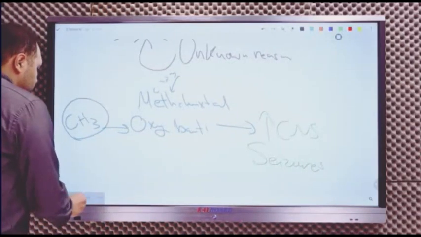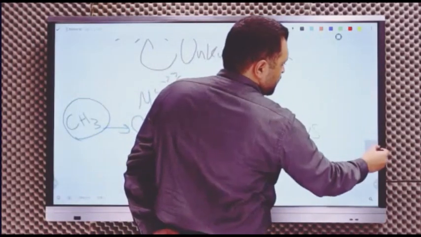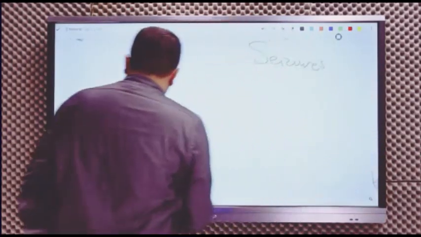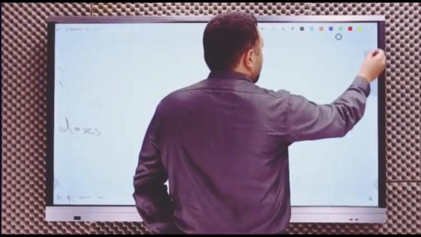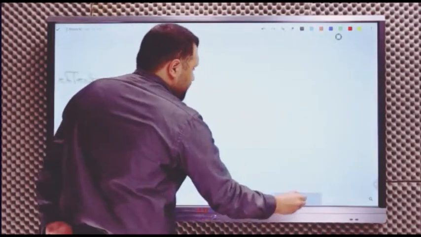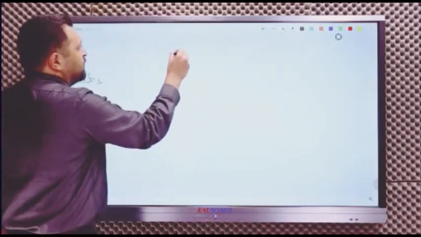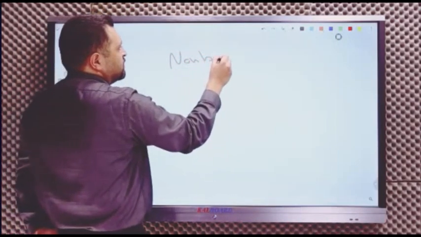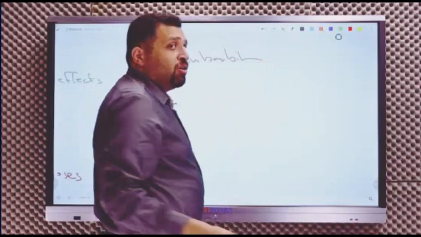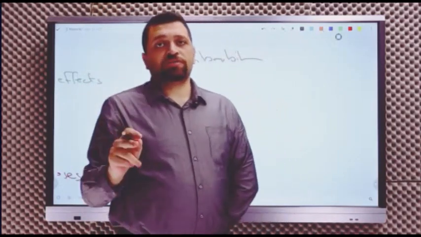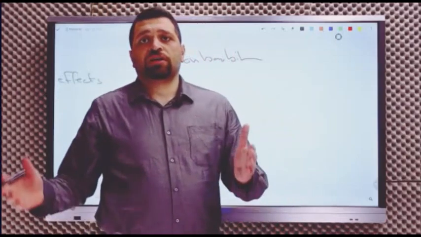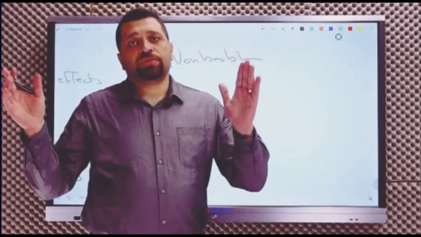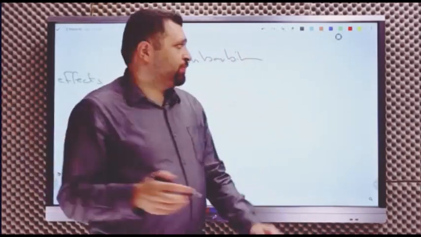Let's go to the other group of drugs. We have a major group called non-barbiturate. The only common thing between the drugs in this group is that they don't have a barbituric acid basic unit.